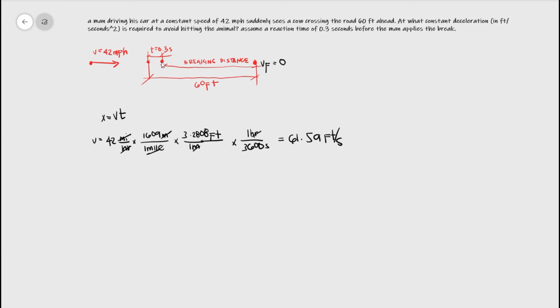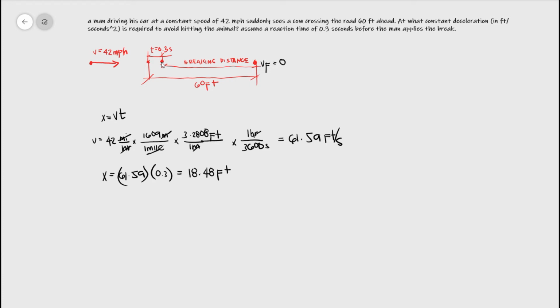Now we can get x, the distance traveled by the car during his reaction time of 0.3 seconds. Therefore, x is equal to 61.59 times 0.3 seconds, giving 18.48 feet.